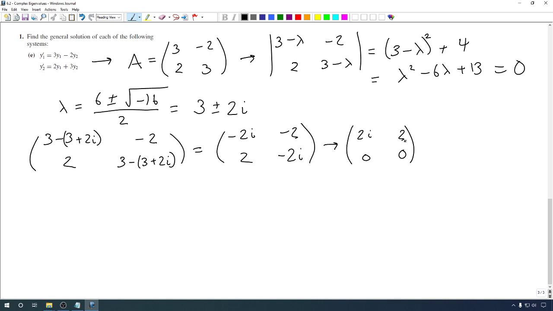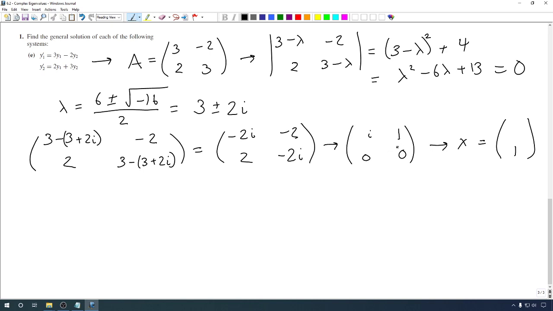We need to find some vector, some eigenvector here. It's our x, where I'm just going to go ahead and pick 1 for the second component. But we're looking at where 2i times our first number. Actually, I guess I should have just gotten rid of the 2. Make that i and 1.